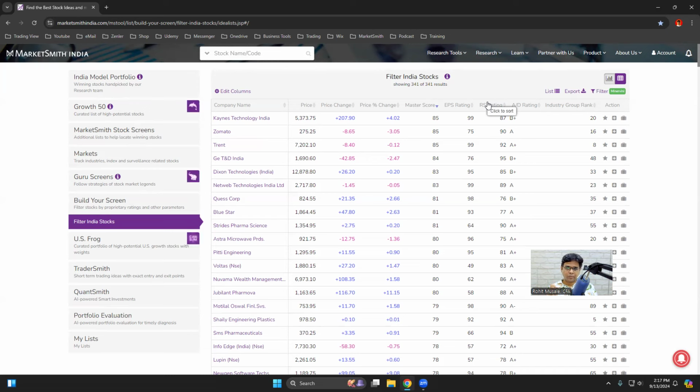Now, remember what I told you, the more strict your filter, the lesser will be the number of stocks in this list. So if you can manage to scan 341 stocks in a single day based on price and volume and prepare your radar or watch list for the next day, please use this filter.